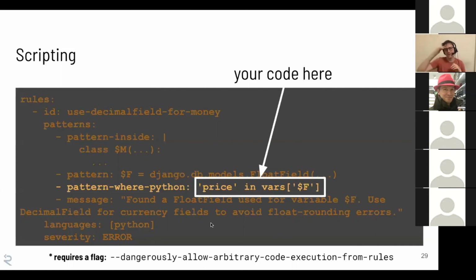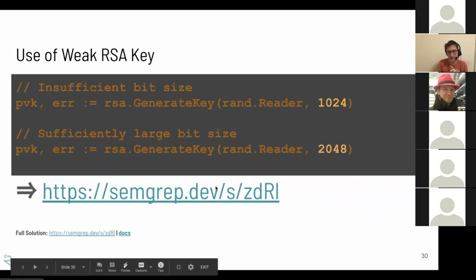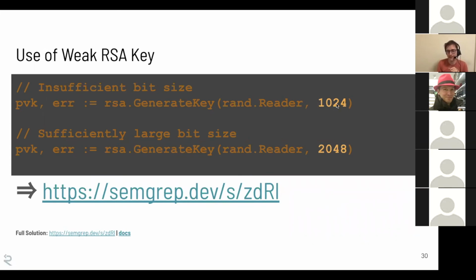The example right here is, well, let's ignore this example because there's a simpler one I can show off. Specifically about RSA cryptographic key generation, where common wisdom is that you want your RSA key to have at least 2048 bits to have a sufficiently strong key.